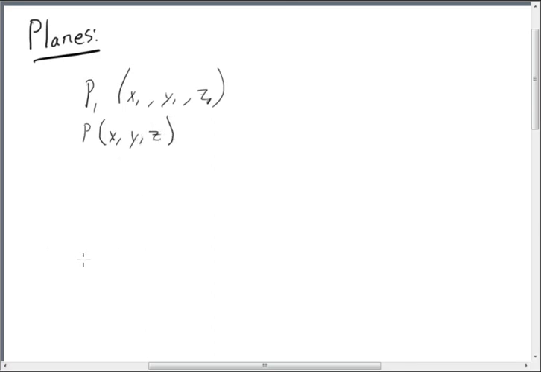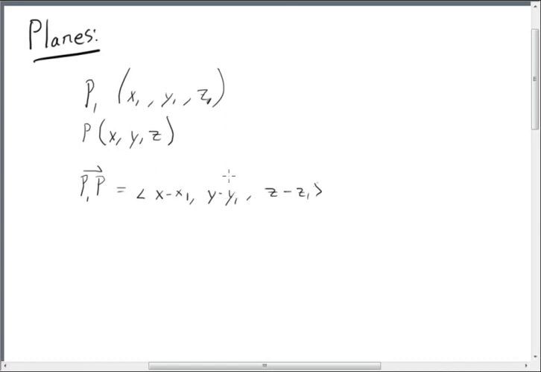So we can find a vector using these two points. P1P is equal to head minus tail, so x minus x1, y minus y1, and z minus z1.